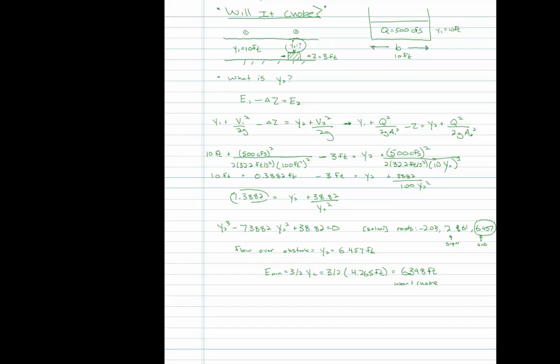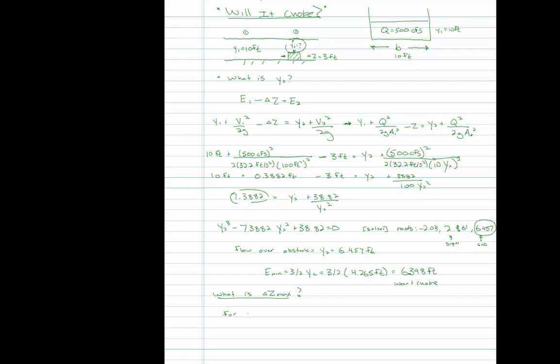Now, another way to confirm that is that we can find out the Z max. We can find out how high the obstacle can get before choking occurs. So what is delta Z max is another thing for us to take a look at.